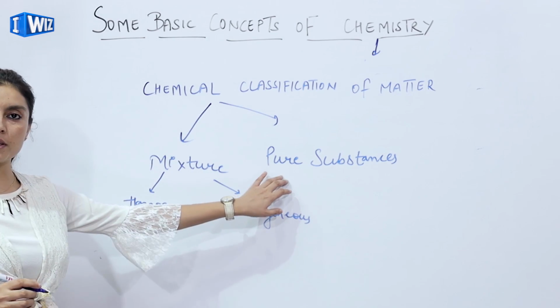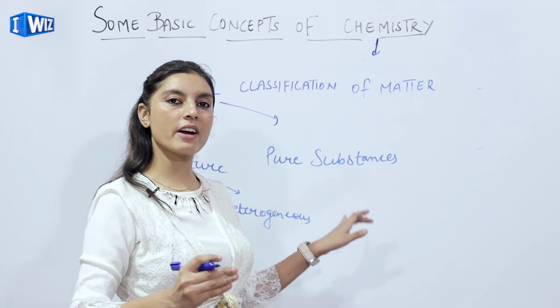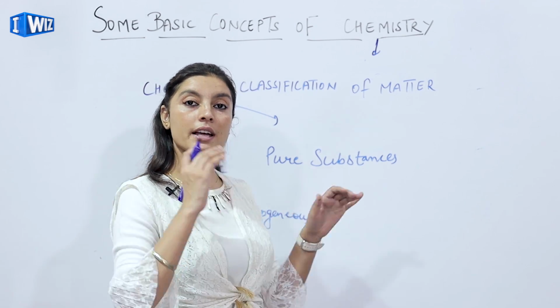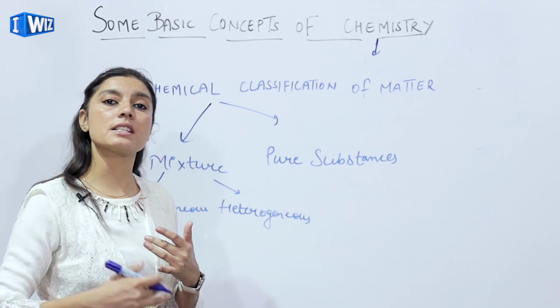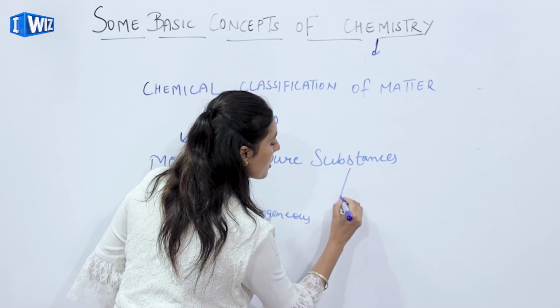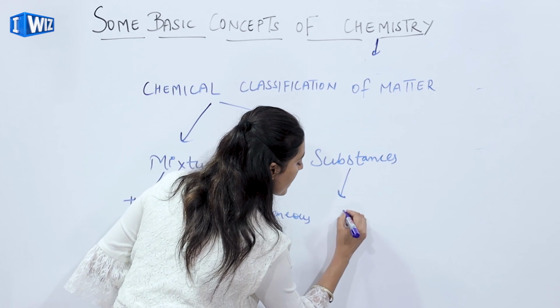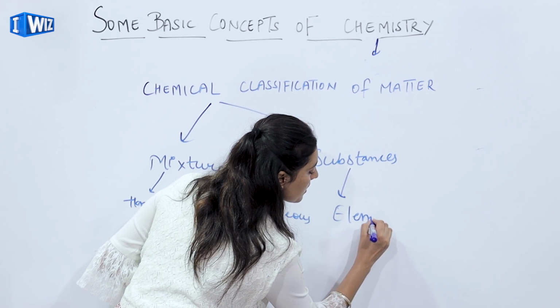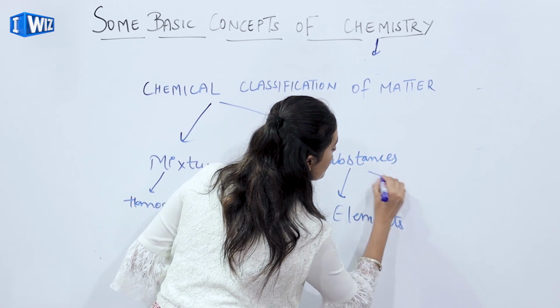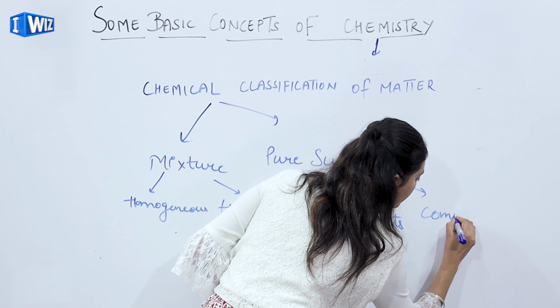Moving ahead to the pure substances, it is broadly categorized into the elements and the compounds. So when I talk about the pure substances, they are categorized into the elements or they are categorized into the compounds.